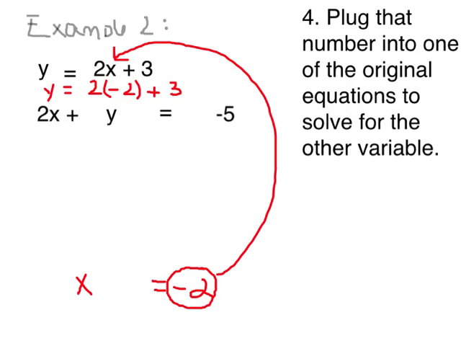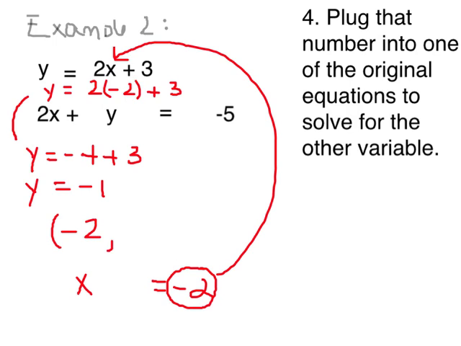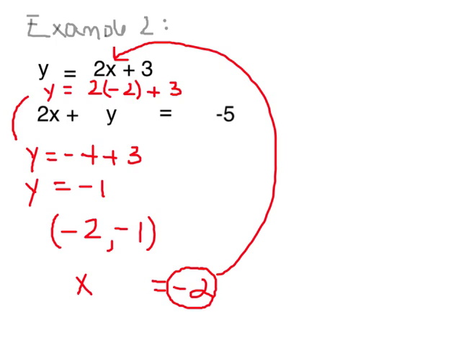So if I bring that down here, I have y equals negative 4 plus 3. So my y value is negative 1, which means my solution to the system is negative 2 for my x and negative 1 for my y. That is my answer.